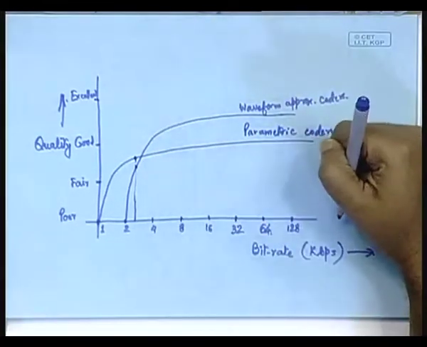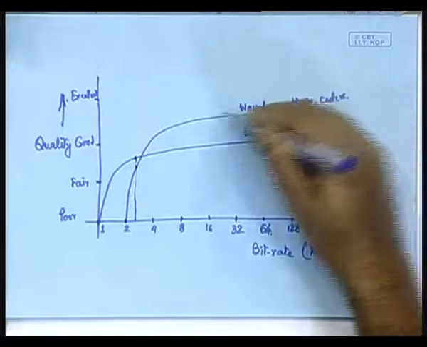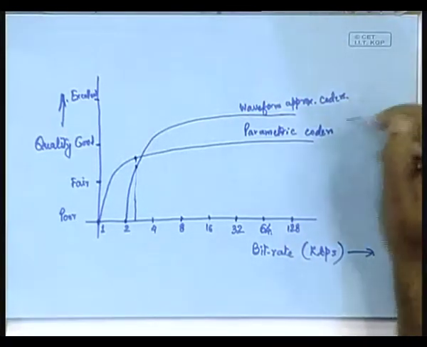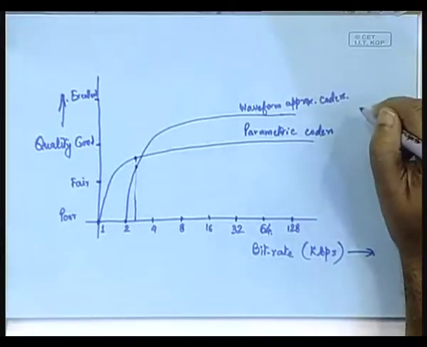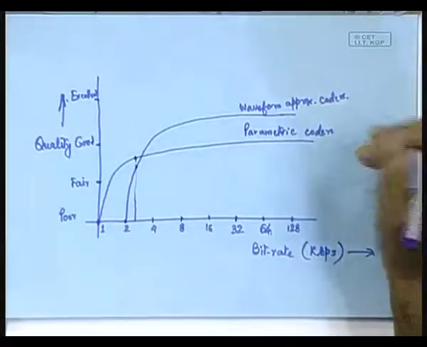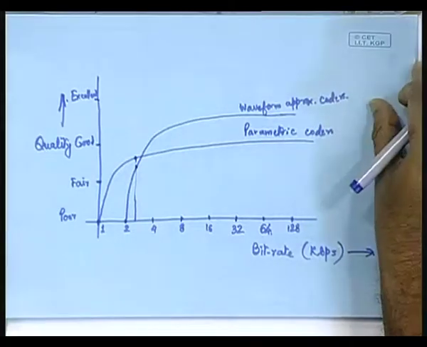Only for higher bit rates, beyond 4 kilobits per second, according to this curve the waveform approximating coders perform better as compared to the parametric coders. Hybrids will fall somewhere in between the waveform approximating and the parametric coder classes.